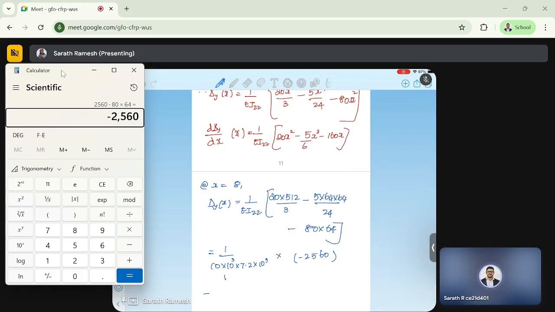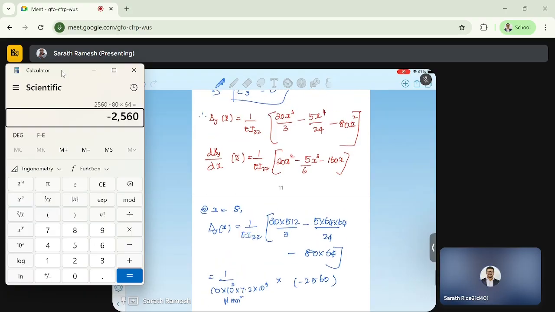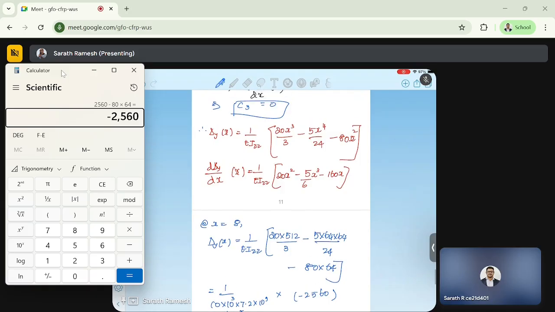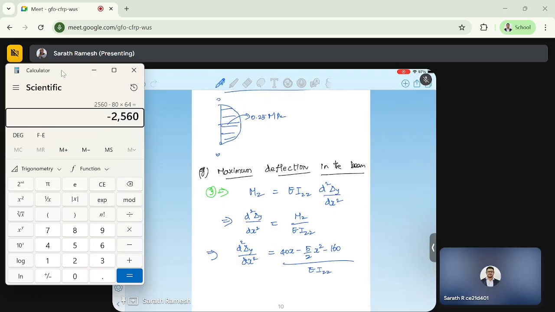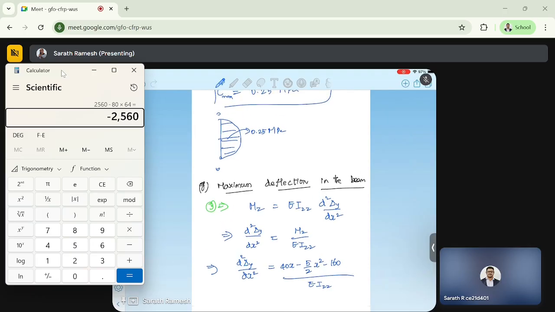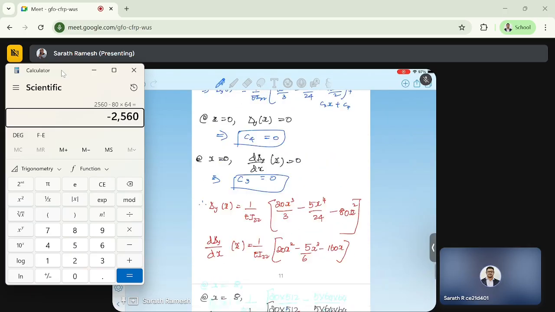This thing is Newton mm square, and this thing is kilonewton meter.